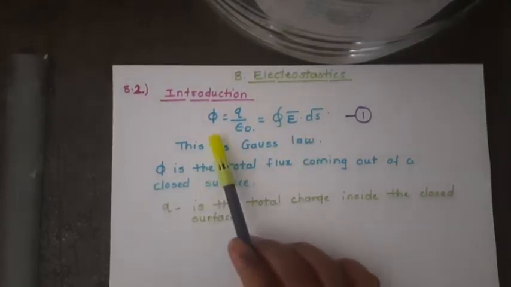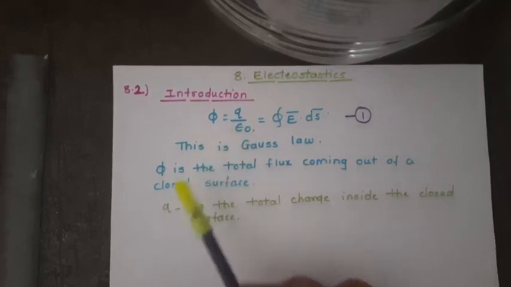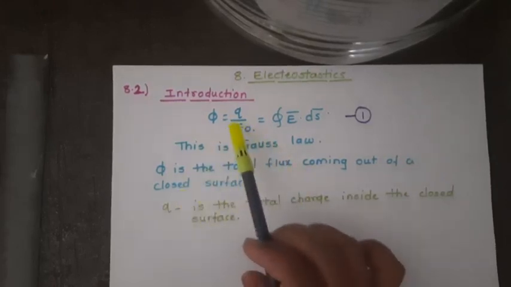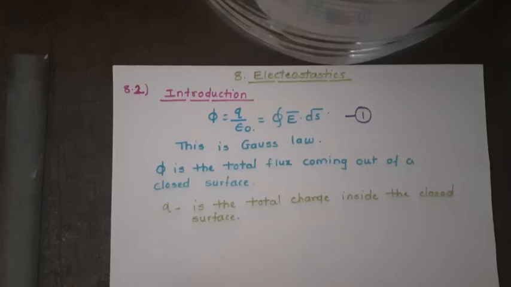Here phi means the total electric flux coming out of a closed surface, and q means the total charge inside the closed surface.